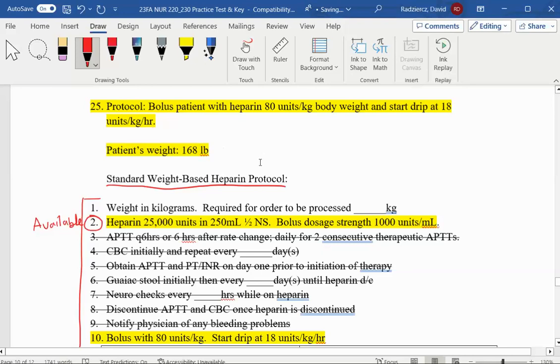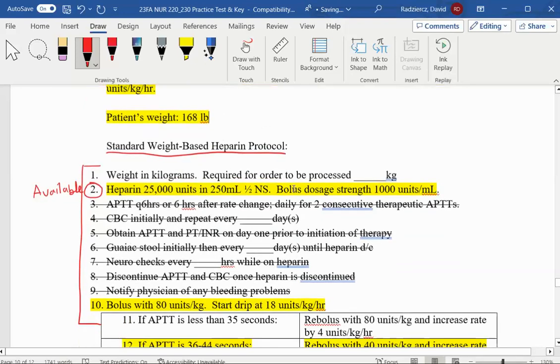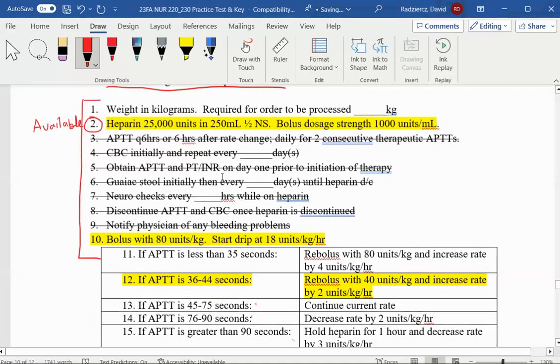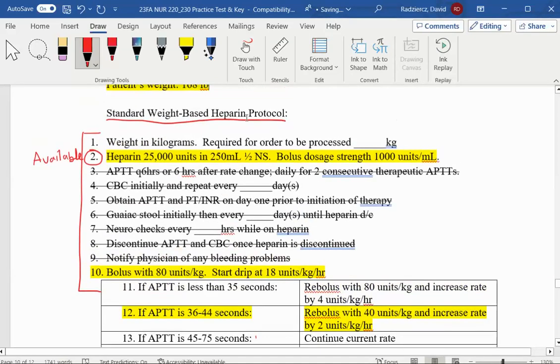Whenever we're doing the heparin protocol, first of all, what I've boxed here, and what I should have boxed when I originally made these questions, is just the standard weight-based heparin protocol. If you do a Google search for weight-based heparin protocol, you're going to see this. What I crossed through are the extra things you don't need to worry about in order to answer the heparin question.